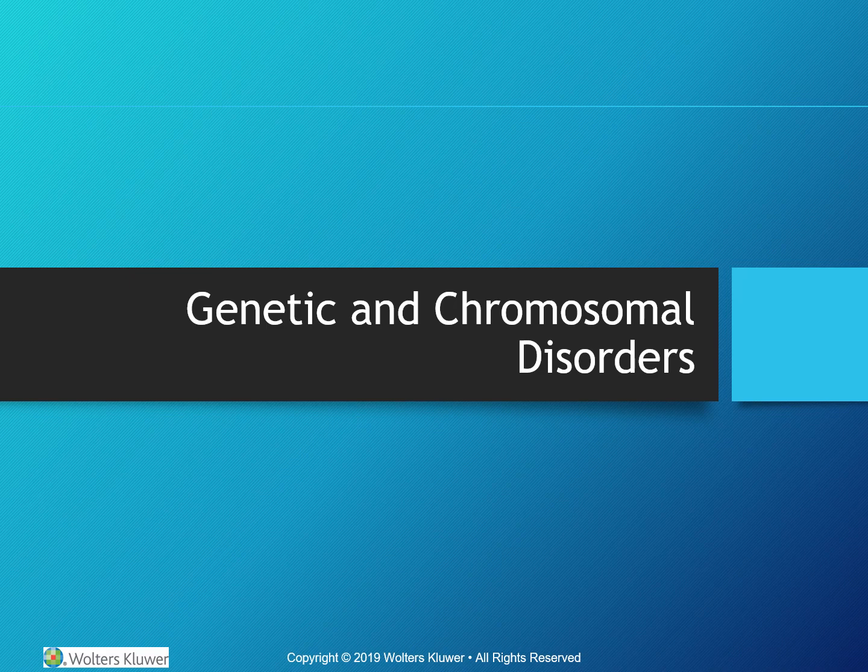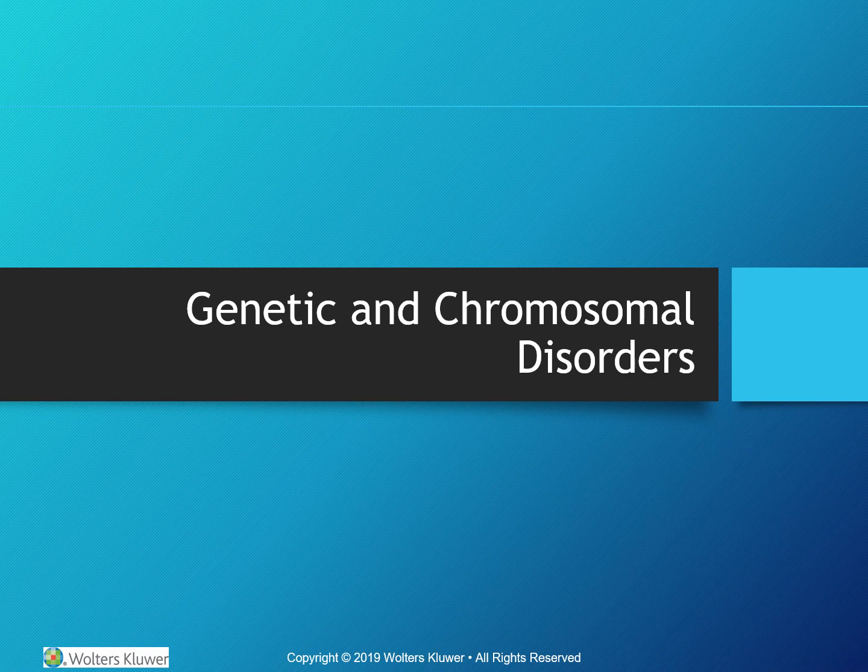When we talk about genetic and chromosomal disorders, we're going to talk about it from a single gene disorder, which includes autosomal dominant disorders, such as Marfan syndrome, neurofibromatosis, and then we have autosomal recessive disorders, including things like phenylketonuria, Tay-Sachs disease, and then we also have X-linked recessive disorders, X-linked dominant disorders.